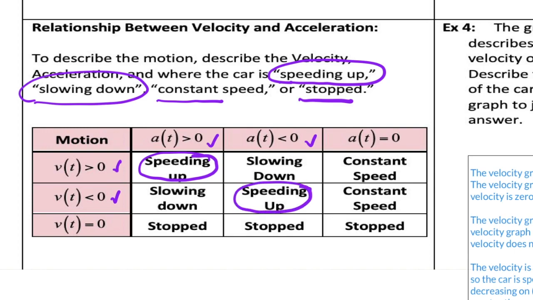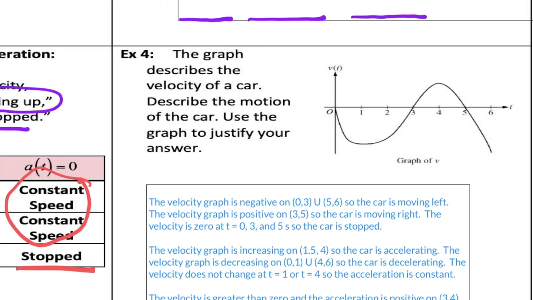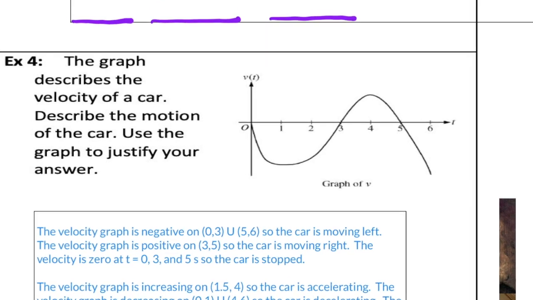So when the signs of your velocity and acceleration are the same, your car speeds up. However, if your acceleration and velocity have opposite signs, then your car is slowing down. If at any point your velocity is equal to 0, your car has stopped.